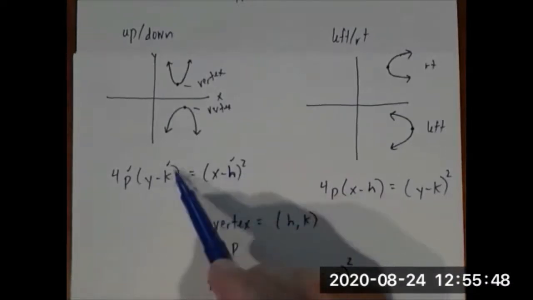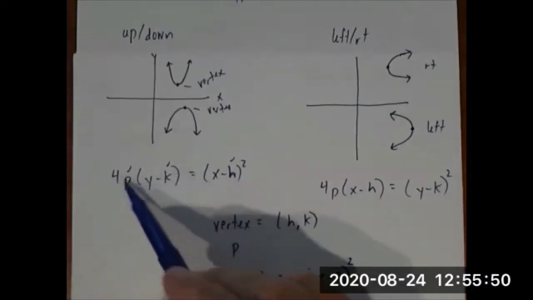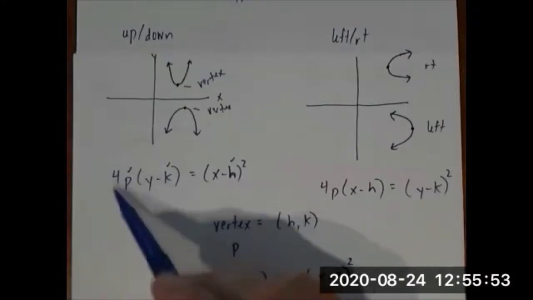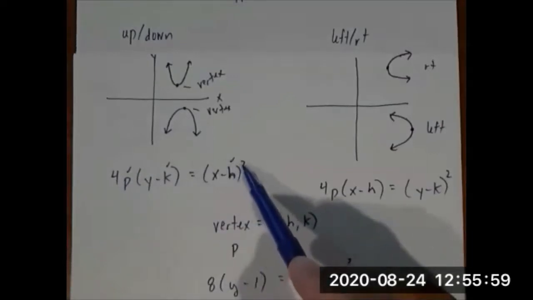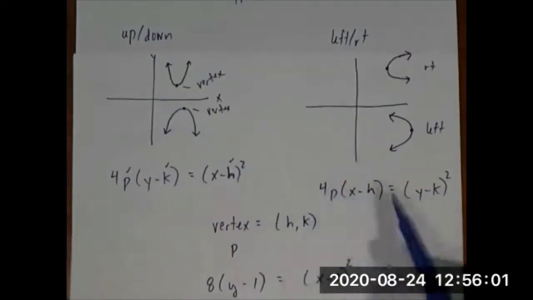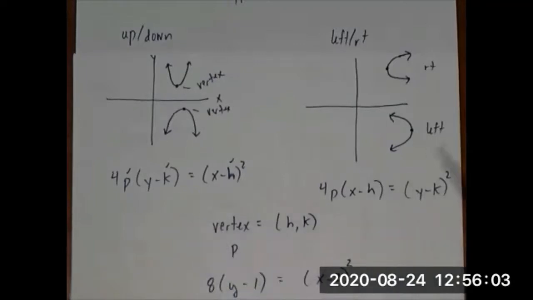And the parenthesis with no exponent has this 4p in front, which this whole thing is going to end up being a number in a real equation. So basically you have the squared parenthesis by itself on one side for both these equations. So that's the main thing I think about when I say put it in standard form.